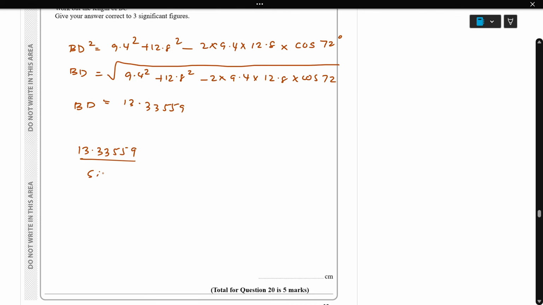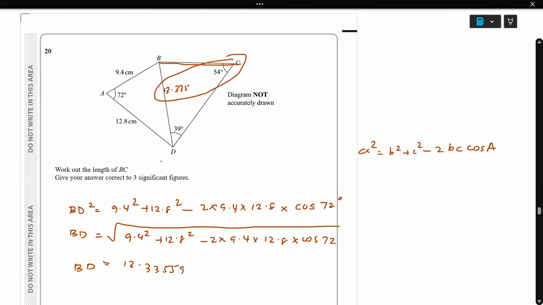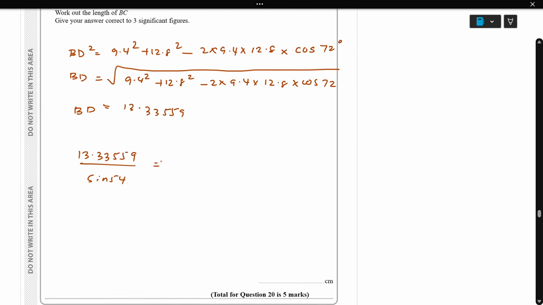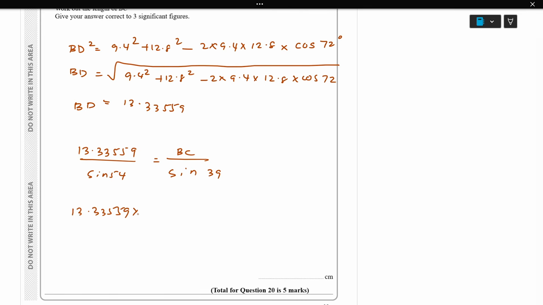So side 13.33559 over the opposite angle is going to be sine 54. We are using the sine rule: sine 54 equal to, we need to find BC, over sine 39.